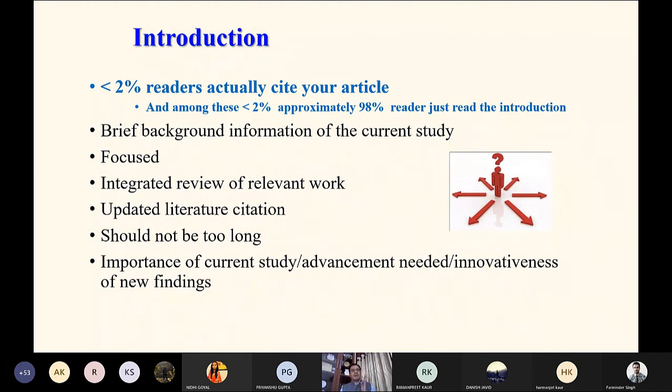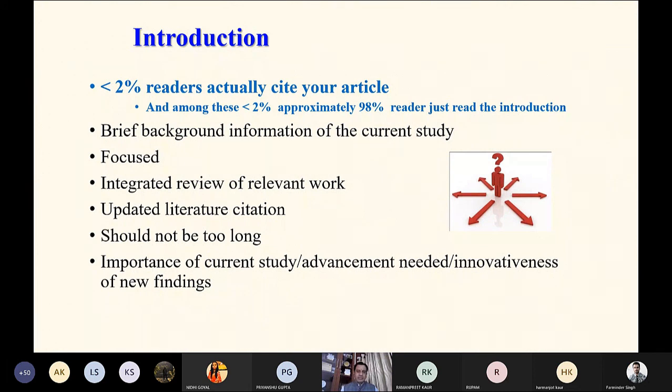For example, if I am talking about impulse buying behavior, the content that I include in the intro must move around this impulse buying behavior only. I should not talk about consumer behavior in a generalized way, or the different theories that have been given with respect to buying behavior. It must be focused and move around only the construct and the study that I am going to conduct.